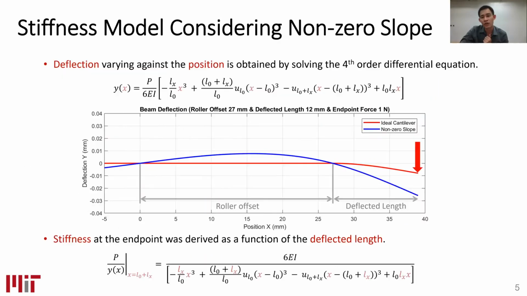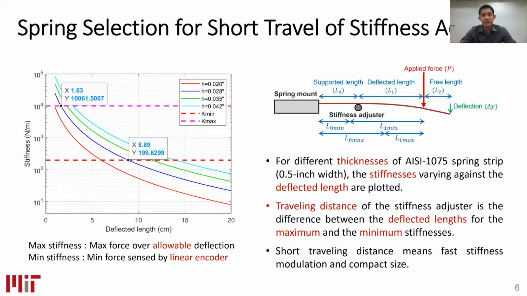So how can we use the stiffness model as a function of the deflected length? We use this relationship to select the spring for our prototype. To select the spring, we may begin from the schematic shown here.